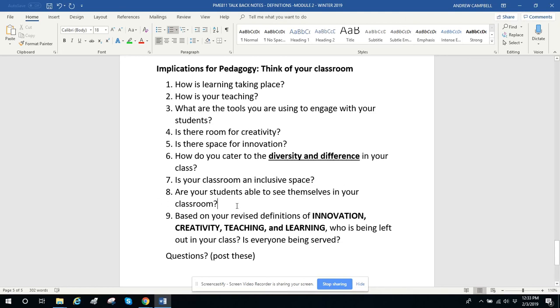And this takes us to culturally relevant and responsive pedagogy. Have you changed? Have you developed? Have you adapted? Have you grown? Based on your revised definitions now of innovation, creativity, teaching, and learning, who is being left out in your class? Is everyone being served? Think about that.